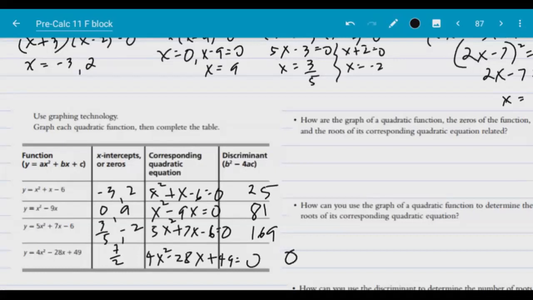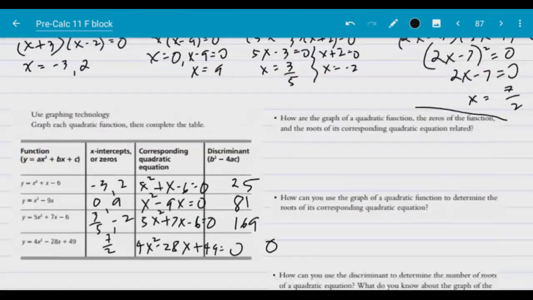Okay. Now, how are the graph of a quadratic function, the zeros of the function, and the roots of its corresponding quadratic equation related? Do you notice that they are practically the same?